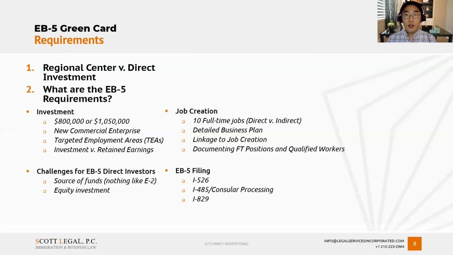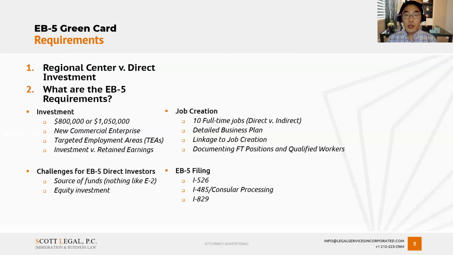So the difference is this: let's say you made $100,000 out of your business, and that's the annual revenue of your business. That revenue itself does not automatically become your EB5 investment amount. However, once you take a certain portion out to yourself personally, and you pay your individual tax returns on the portion of money that you withdraw from the company bank account, only that portion can become your future EB5 investment fund.